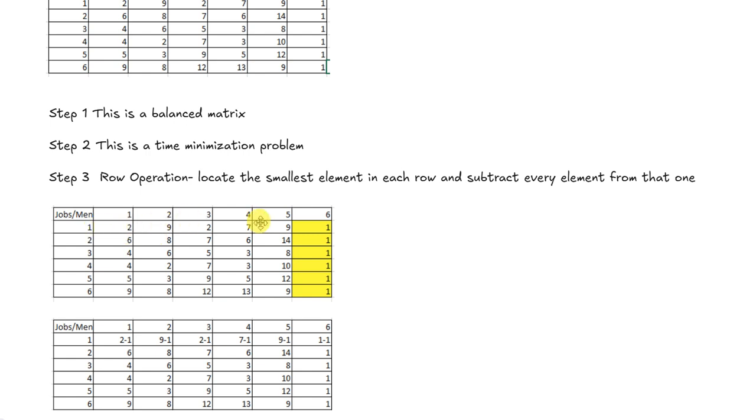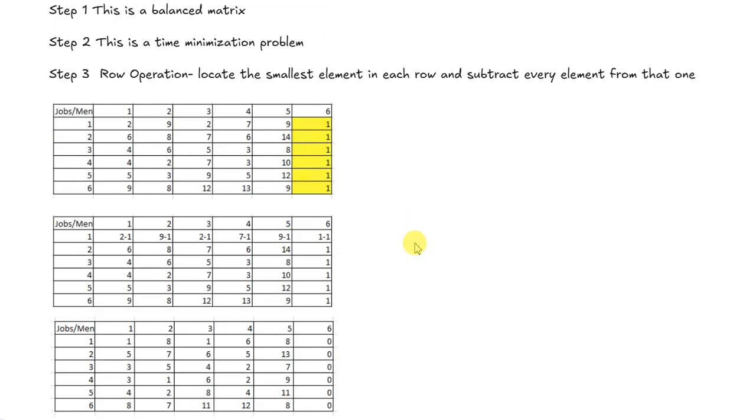Go through every row in this matrix and identify the smallest element. In this case, in every row, the number 1 in the 6th column is the smallest element. Subtract the smallest number from every element. So I have done one row as an example.